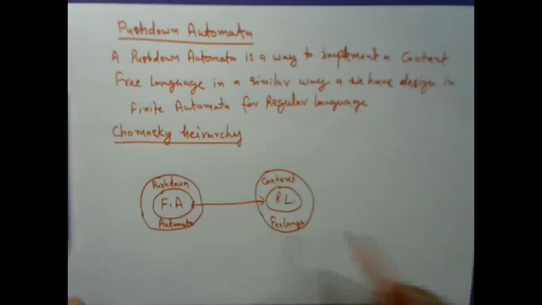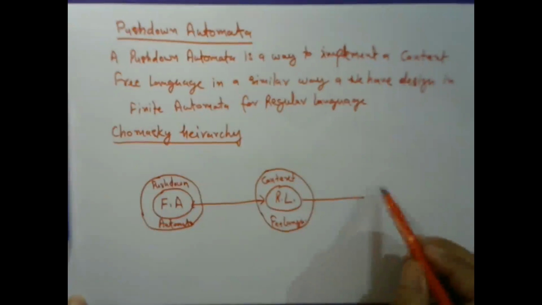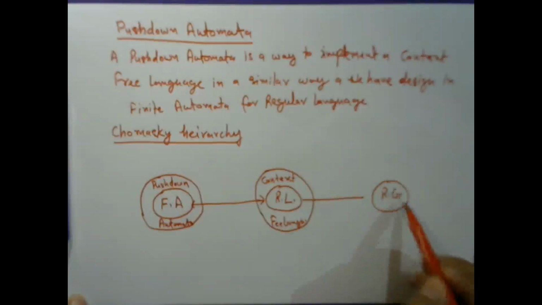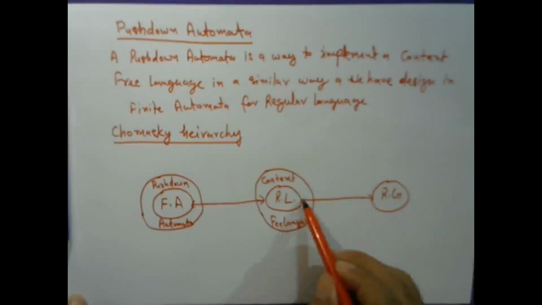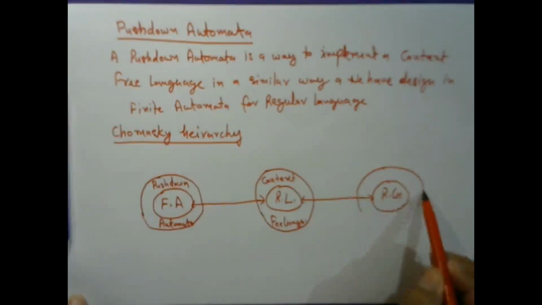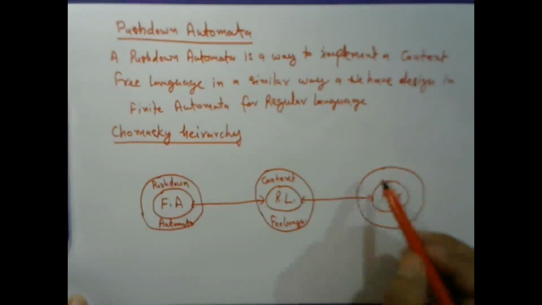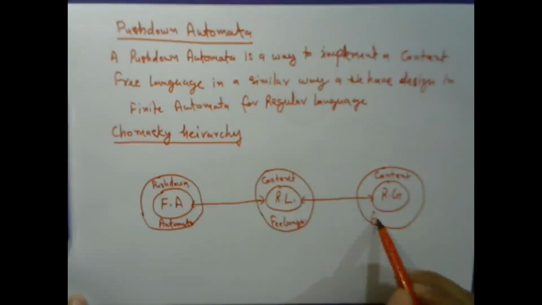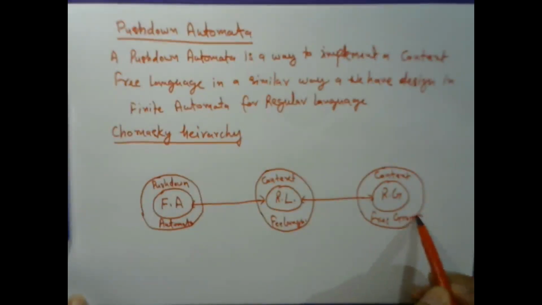And similarly, we can understand the grammar. There is a language, and there is also a grammar, regular grammar, which can understand only the regular language. And again, there is context-free grammar, which can understand the context-free language.